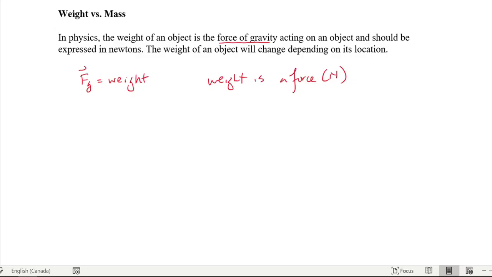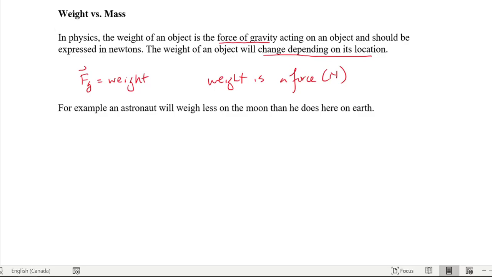Now, why is that important? Well, it turns out that the weight of an object can change depending on your location. So, for example, an astronaut will weigh less on the moon than it does here on Earth. Why? Because the moon is small, and the Earth is big, and therefore the Earth has more gravity.